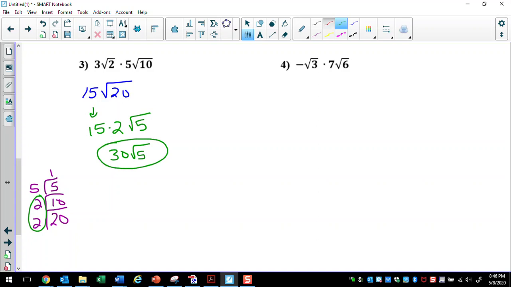Alright, last one. Again, we just have that negative floating there, so that just really means it's a negative 1. So when I go to multiply, I've got negative 1 times 7, which is just negative 7. 3 times 6 gives me 18. And I'm going to birthday cake the 18.